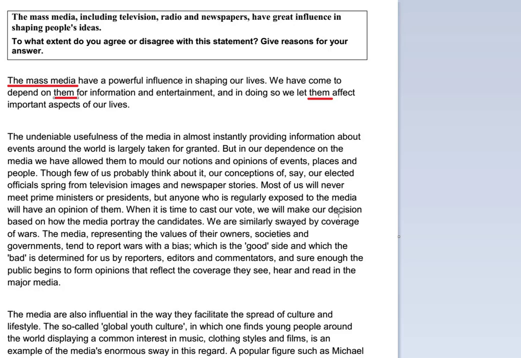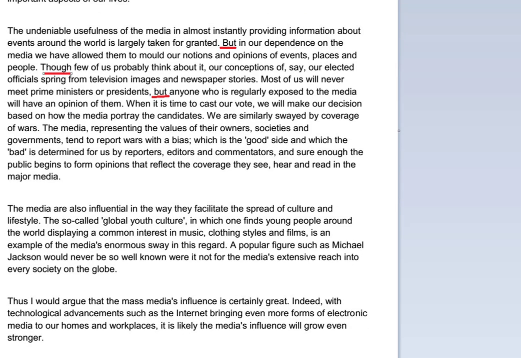Okay, well, it's illustrated. He uses "but" a lot to indicate contrast. Though... okay, so the message comes through.